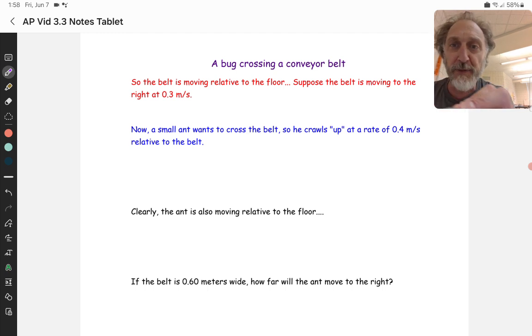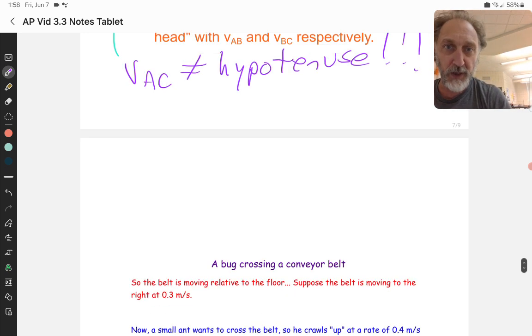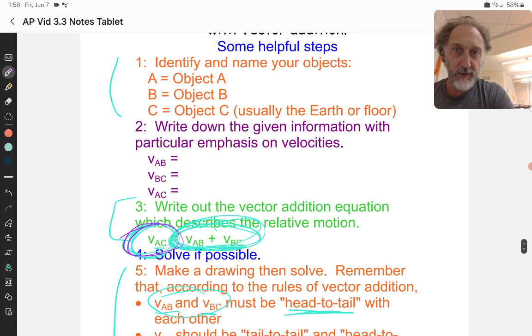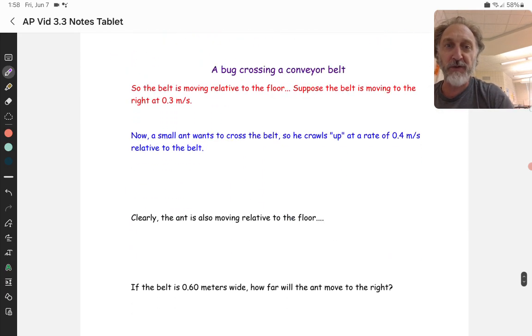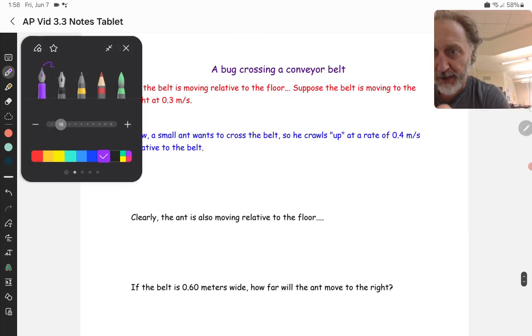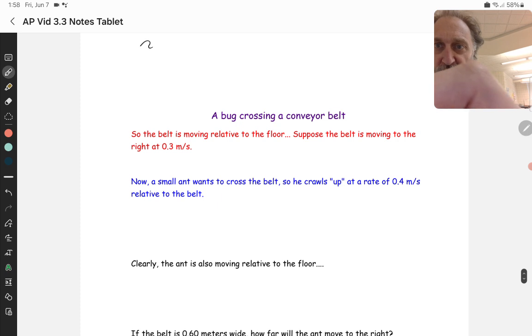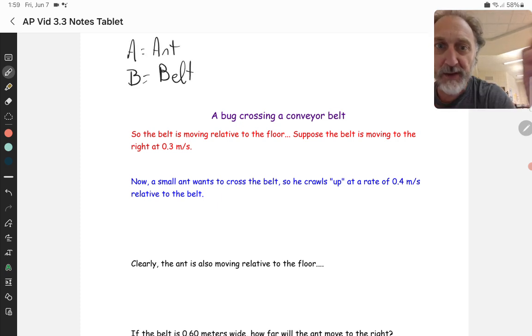So we've got a belt moving relative to the floor. The belt is moving to the right at 3 meters a second, and then the ant is crossing the belt. So let's start. We're going to follow our little recipe here. Identify and name your objects. So in this problem, here are my 3 objects. A is going to be the ant, B is going to be the belt, and then we'll use F for the floor.